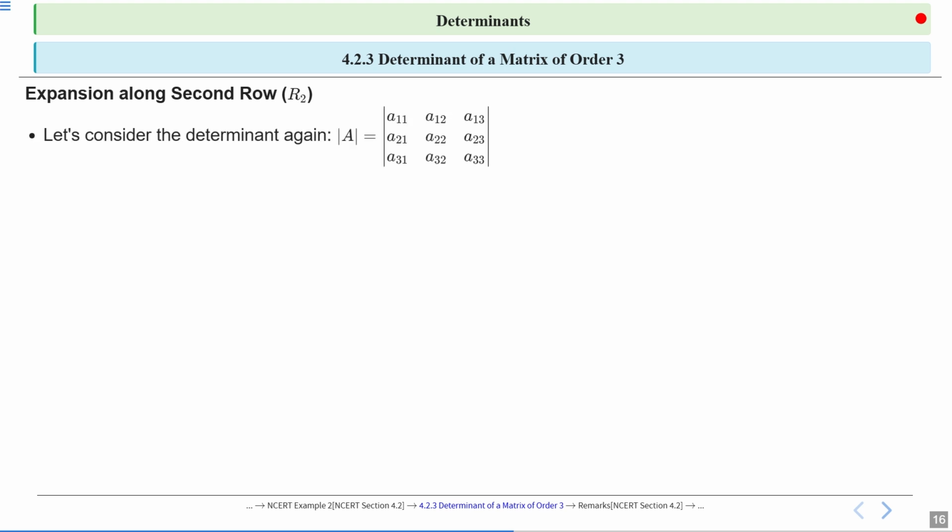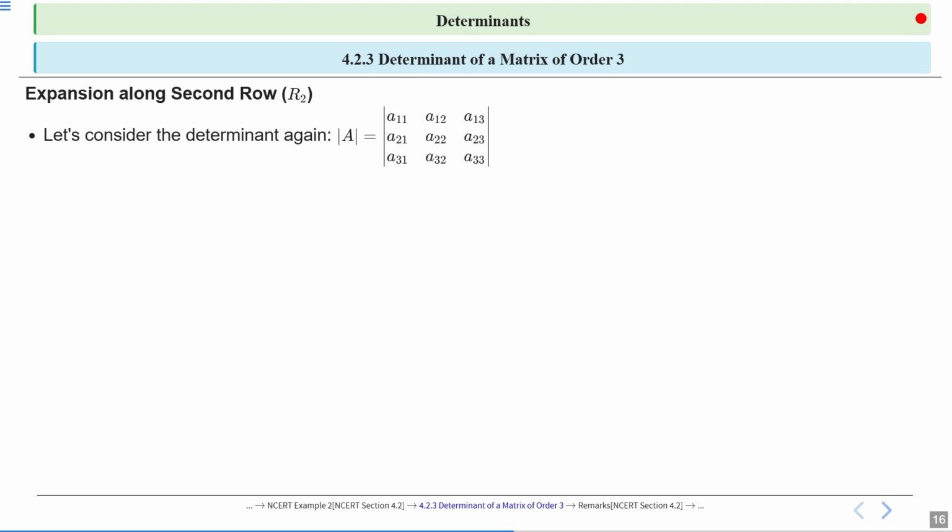We have to calculate the determinant of matrix A, and that matrix is A11, A12, A13, A21, A22, A23, A31, A32, A33. When I say cancel the first row and second column, just picturize this matrix and cancel.